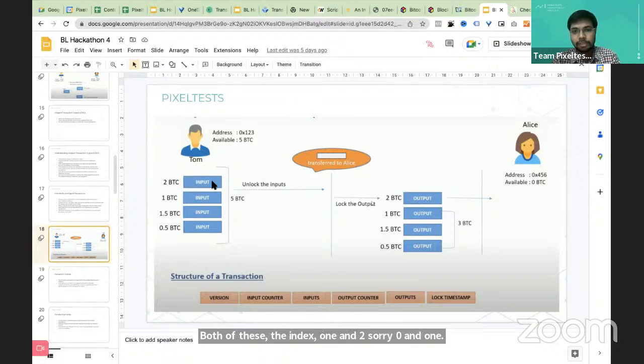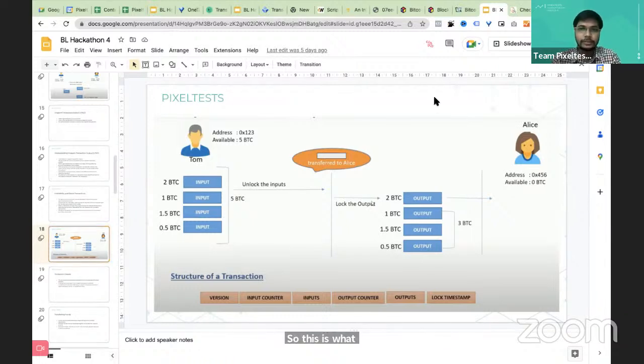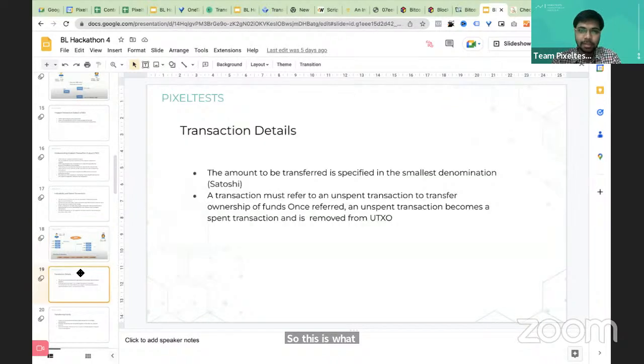Both of them are first unlocked from all of his inputs, and then while locking, these two are locked, and only the output value that is sent is 2.6, right? So this is what happens in a visual format.